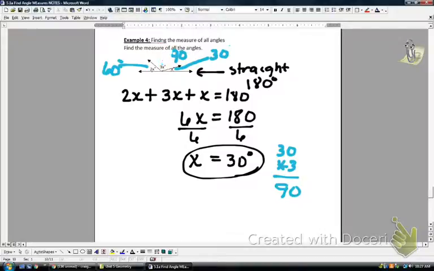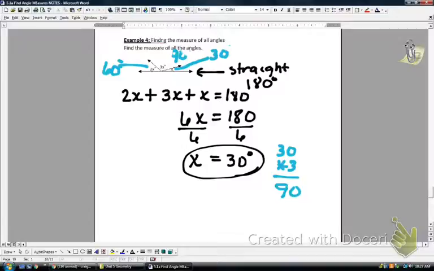And I'm going to erase this because that looks like it's a 1. So my angles are 60 degrees, 90 degrees, and 30 degrees. And if I were to check that, it would add up to 180. 90, and then 60 and 30 is 90, 90 and 90 is 180.